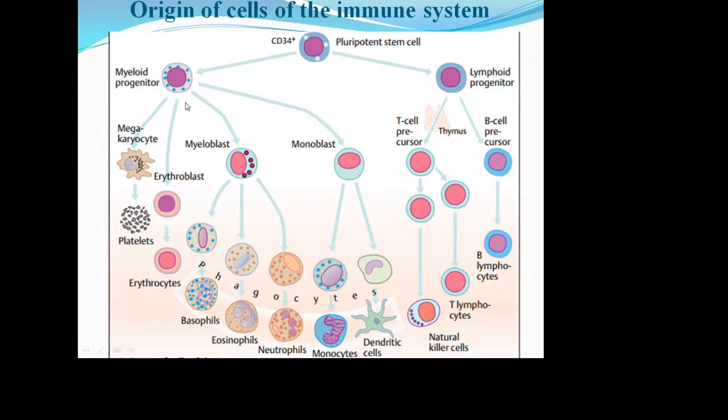So myeloid progenitor then develops into blood cells like erythrocytes, basophils, eosinophils, neutrophils. We are interested in basophils, eosinophils, and neutrophils. These white blood cells take a great role in immune protection.